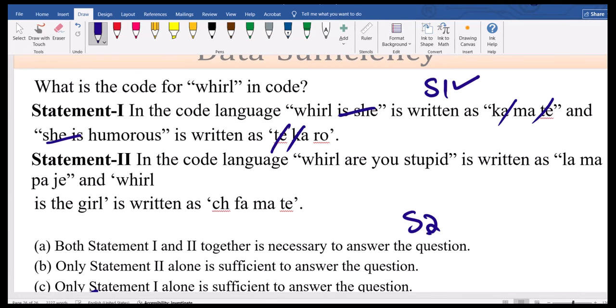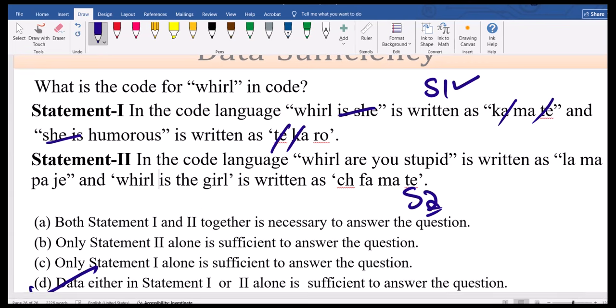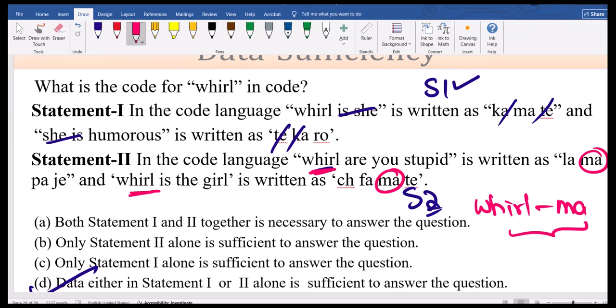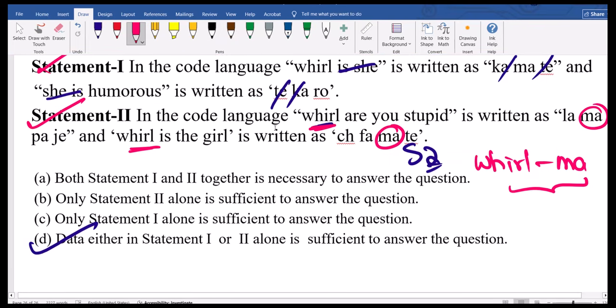In two alone, comparing both, you have one common word, MA. So only one common word, so we can say M. So one alone is okay, two alone is okay; each statement alone is sufficient to answer the question.